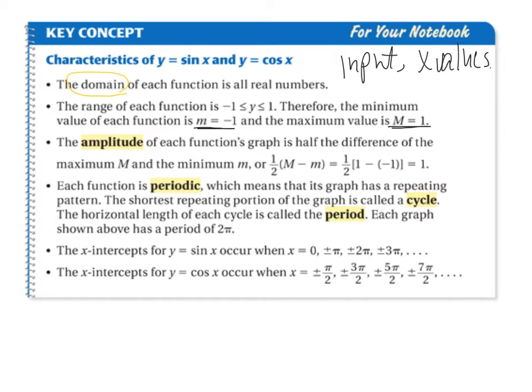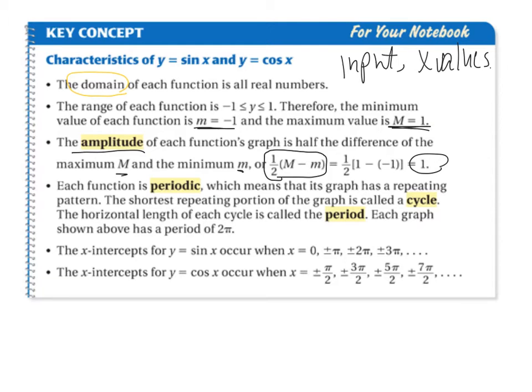The maximum is big M equals 1. The amplitude of each function graph is half the difference of the maximum and the minimum. Okay, 1/2 big M minus little m. That is my amplitude. So here I have 1/2 times 1 minus -1, which is 2. 1/2 of 2 is 1, so our amplitude is 1.